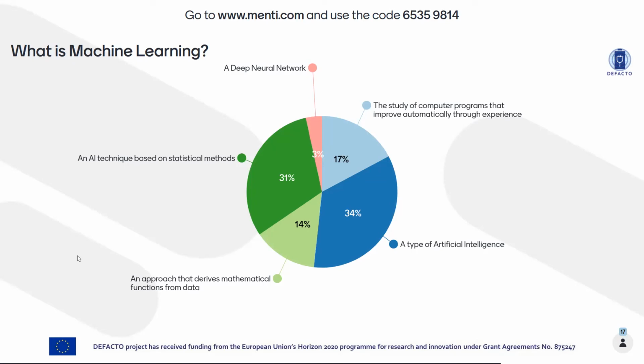Also, 17% of people choose the study of computer programs that improve automatically through experience. That's true, right? These computer programs can self-correct based on their predictions. I mean, basically, when you have a data set, you divide the data set into a training data set and a test data set, right?